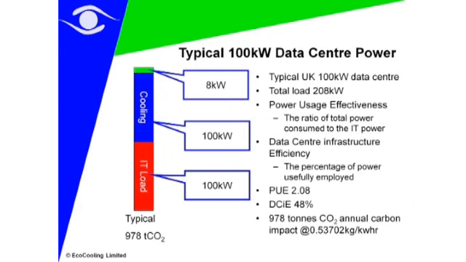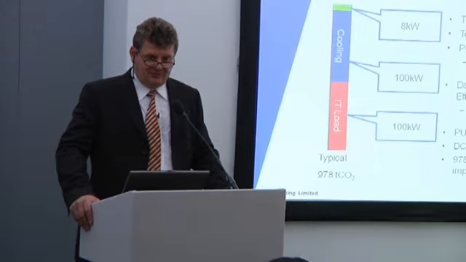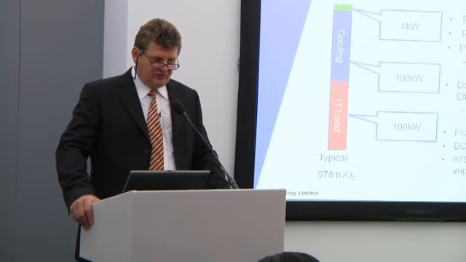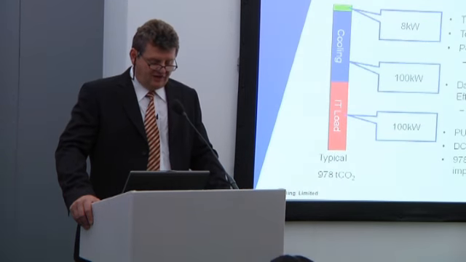Now, many data centres in Britain run at a PUE of anything up to 2.5. The only way you can get to using more energy in your ancillary equipment than in your IT equipment is really by putting it into the cooling equipment. Many people are absorbing as much energy in their cooling as they are in their IT.